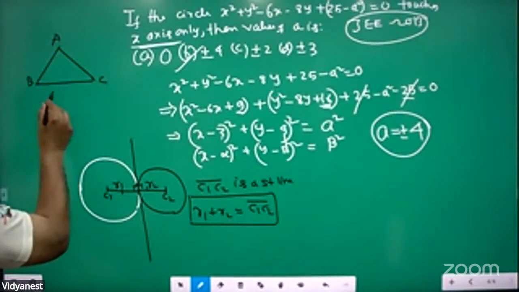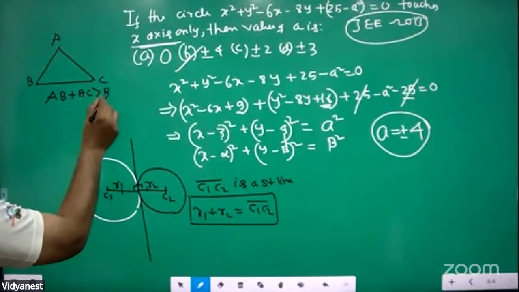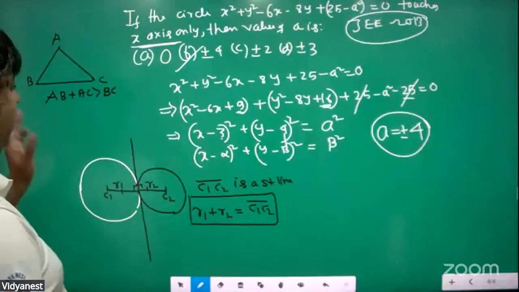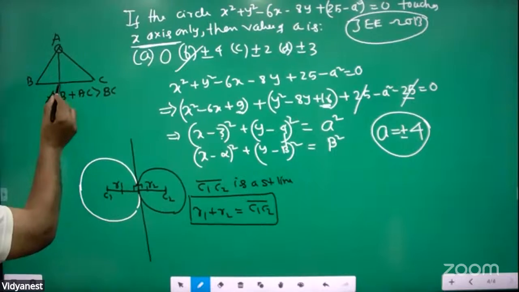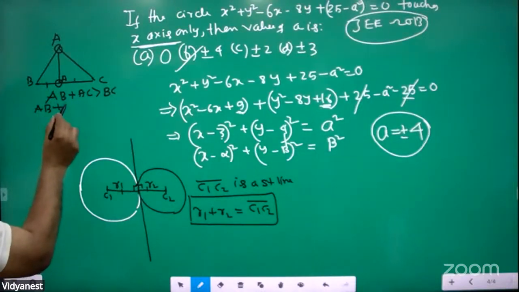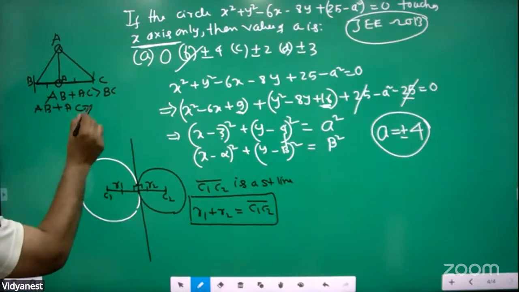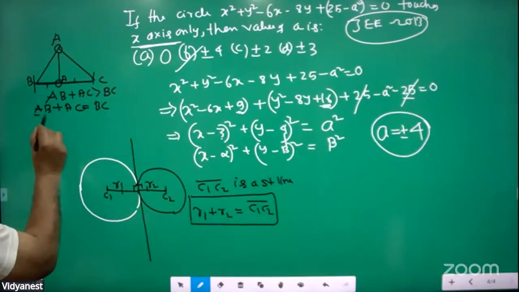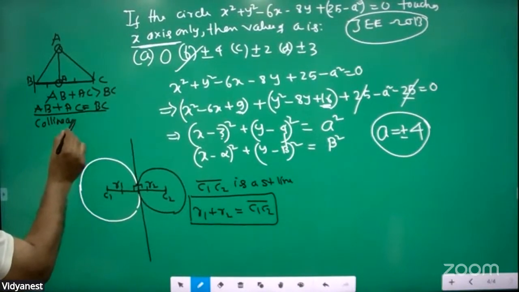Hope you remember: AB plus AC greater than BC. Sum of two sides greater than the third side. But once the point falls down and meets BC, then you will get AB plus AC equal to BC. This is the condition of collinearity, that coordinate concept, collinearity.